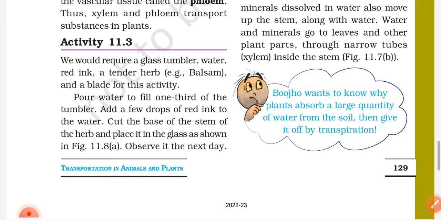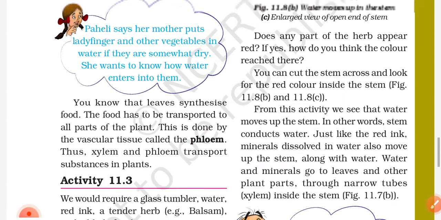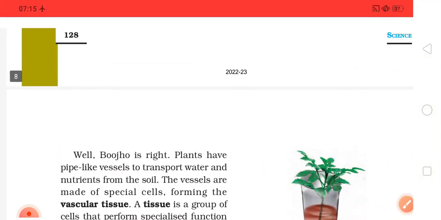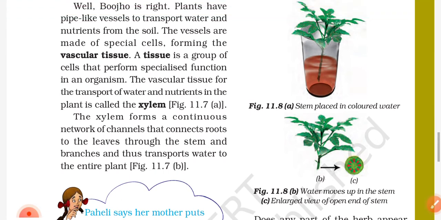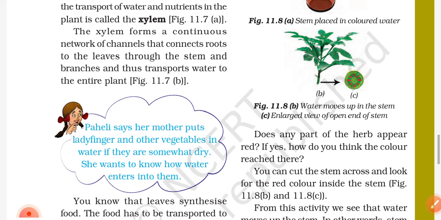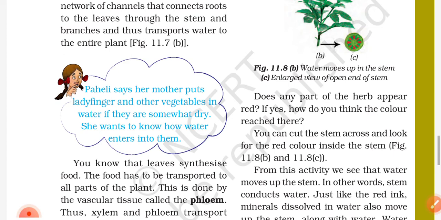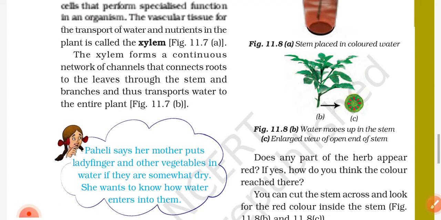Observe it next day. Does any part of the herbs appear red? If yes, how do you think the color reached there? You can cut the stem across and look for the red color inside the stem. Figure 11.8b and 11.8c.